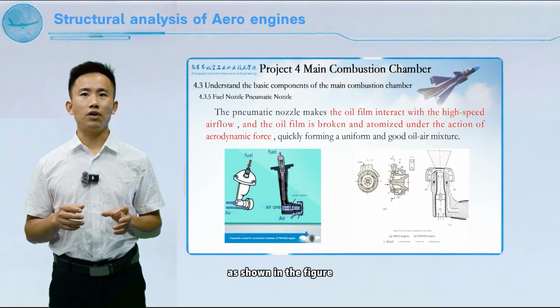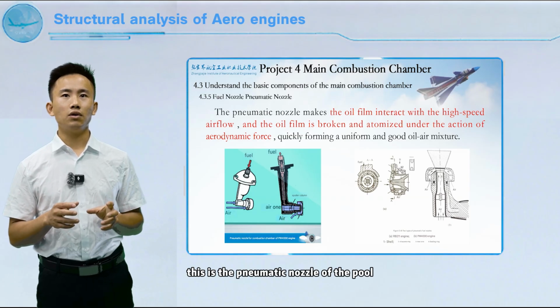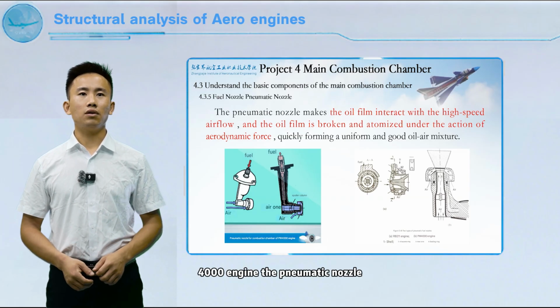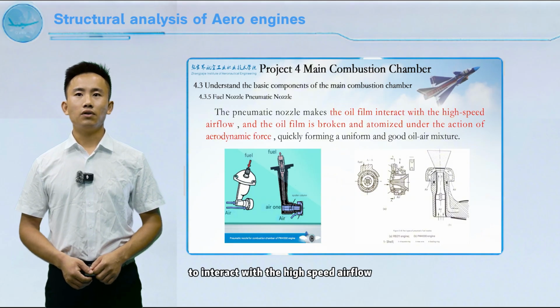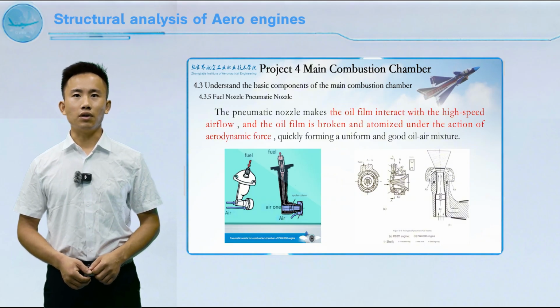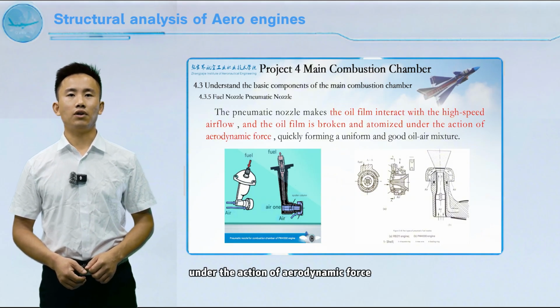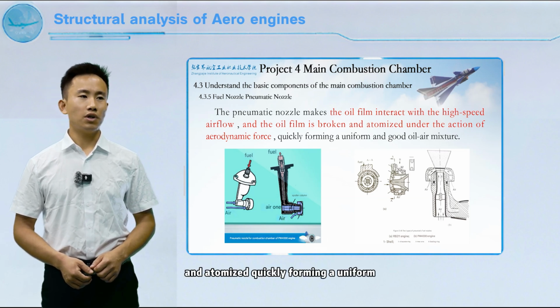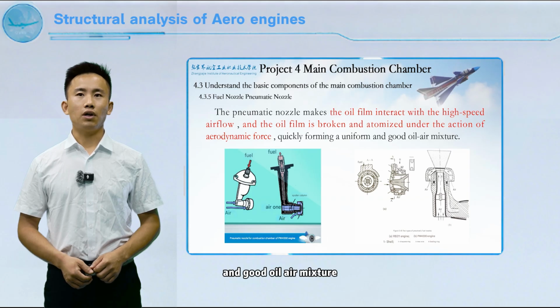As shown in the figure, this is the pneumatic nozzle of the PU 4000 engine. The pneumatic nozzle allows the oil film to interact with the high-speed airflow. Under the action of aerodynamic force, the oil film is broken and atomized, quickly forming a uniform and good oil-air mixture.